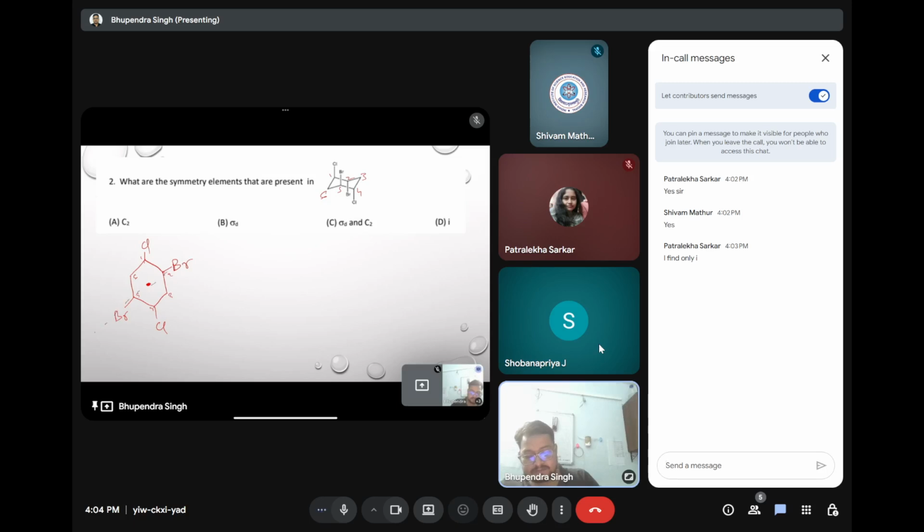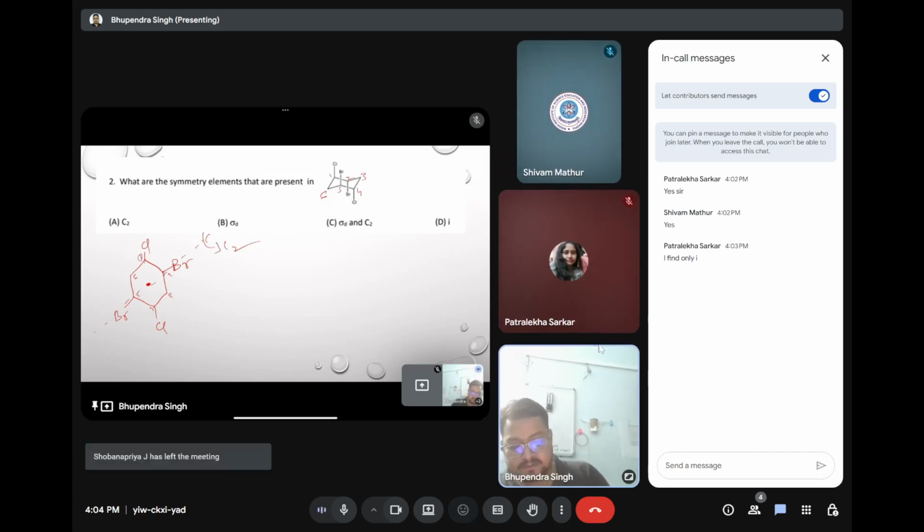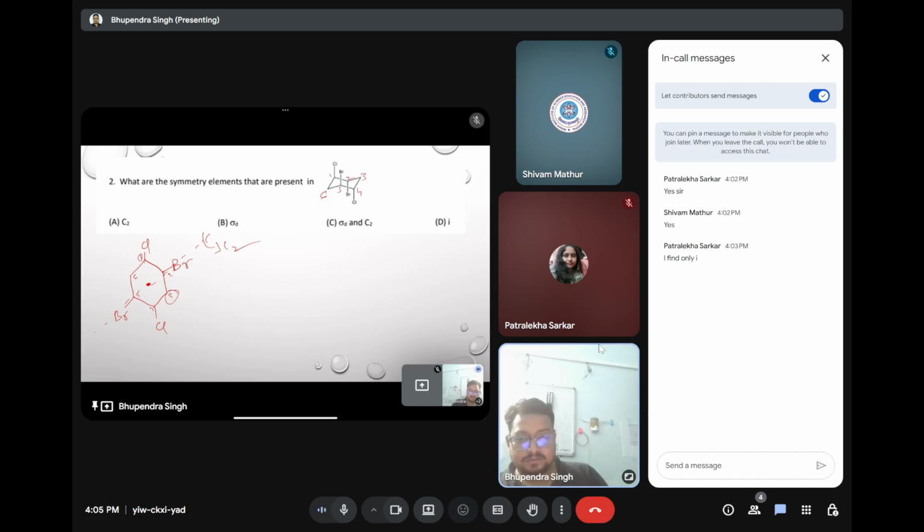If you try to find C2 from here, this one will reflect to 3. 1 will reflect to 3. So you will not find any axis of symmetry. So I believe this is a correct answer.